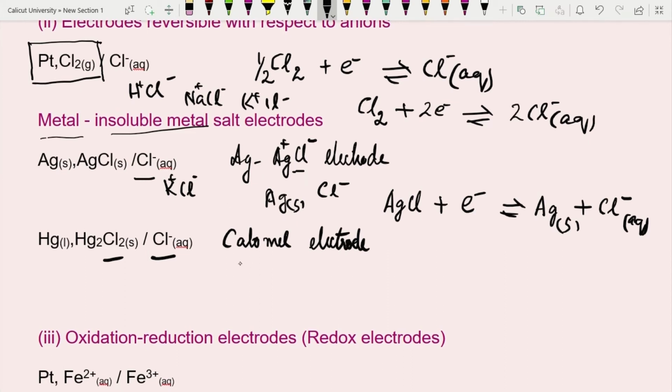Now, again in this case we have to write the electrode reaction in the form of a reduction reaction. We have done this already: in the case of AgCl we added an electron to AgCl. In a similar way, here we have to add it to the Hg2Cl2, that is mercurous chloride. This mercurous chloride will take up electrons. Now, how many electrons?